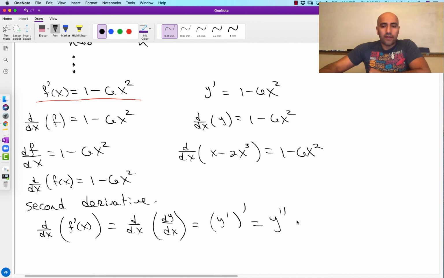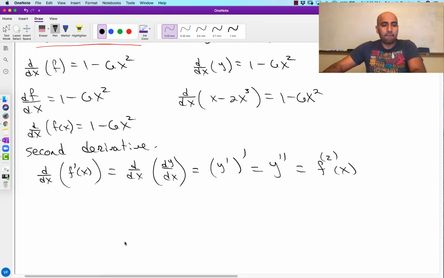What else? Oh, and then as I said, the other way of doing this is to put a little 2 like that, meaning the second derivative of the function f of x. Okay, so I'm going to stick to this kind for now. Take the derivative with respect to x of f prime of x. So this would be d dx of f prime of x.